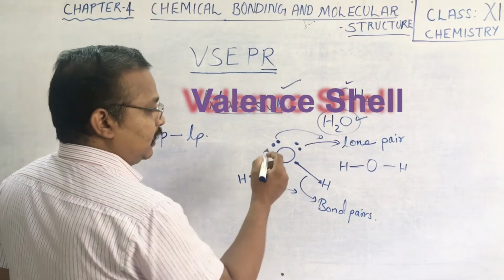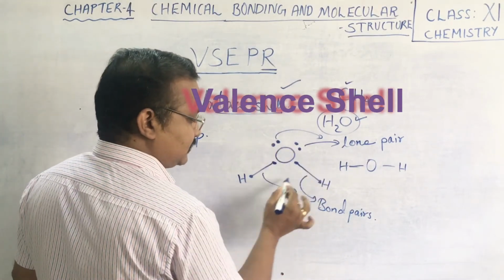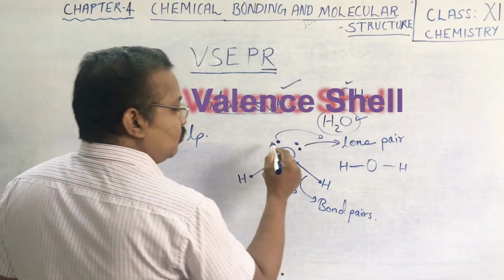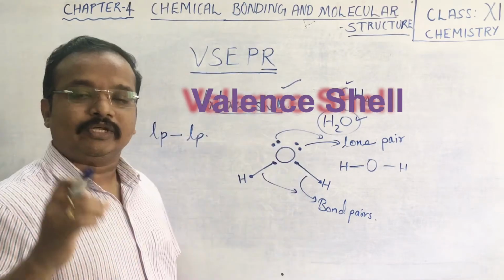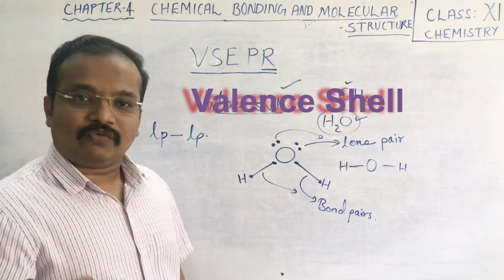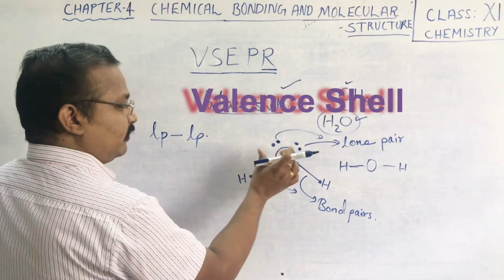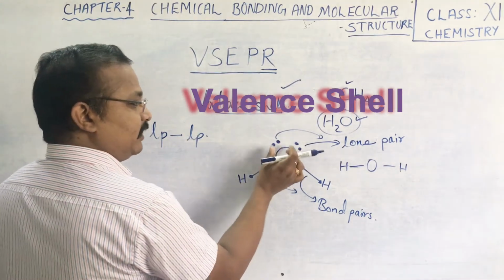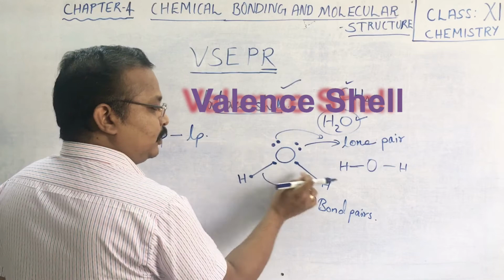All the valence electrons around this oxygen atom, according to this theory, exist as electron clouds in pairs, lone pairs as well as bond pairs. Here we have 2 lone pairs and 2 bond pairs.